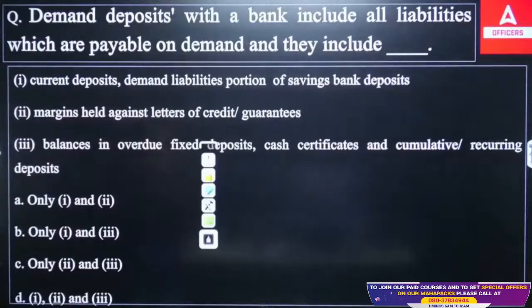Demand deposit itself represents that the money you have deposited will be paid as per your demand. If you want to withdraw it, you will withdraw it. If you want to maintain it, you can maintain it. There is no such kind of restriction.